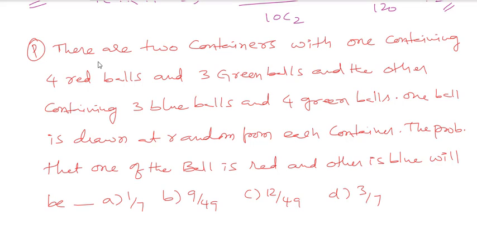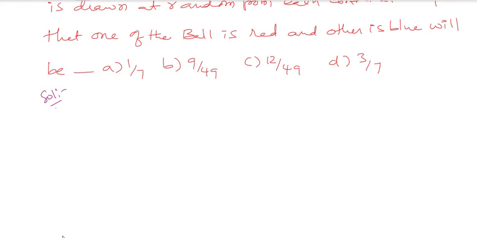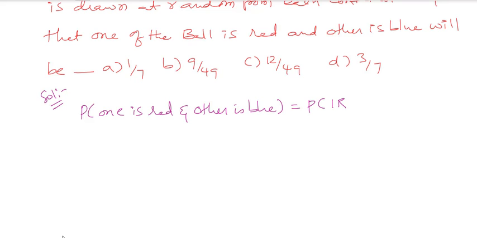This is also the same thing. One is red and the other is blue, am I right or not? So two things will be there. Directly you can solve it the same as your earlier problem. Check it out. Probability of one is red and the other is blue is the probability of 1 red intersection 1 blue.